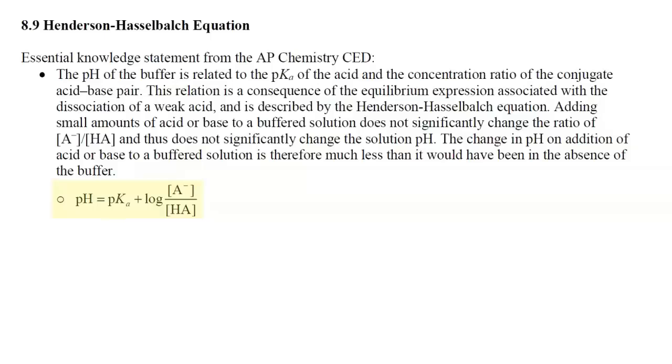This is from topic 8.9. The Henderson-Hasselbalch equation involves pH equals pKa plus the log of the ratio of A minus over HA. In other words, the log of the ratio of the conjugate base over the conjugate acid. So in this example, it's going to be the log of the ratio of OCl minus over HOCl.